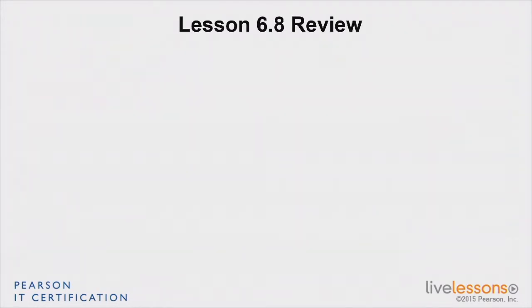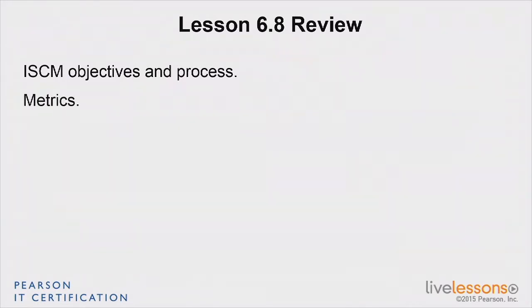So that's going to bring us to a lesson 6.8 review. We started out by talking about our ISCM objectives and process, talked about metrics and the importance of having repeatable and reliable metrics, the frequency of how often we should both be collecting data, analyzing data, and reporting on data, which is directly tied into system criticality, information sensitivity, and risk tolerance.